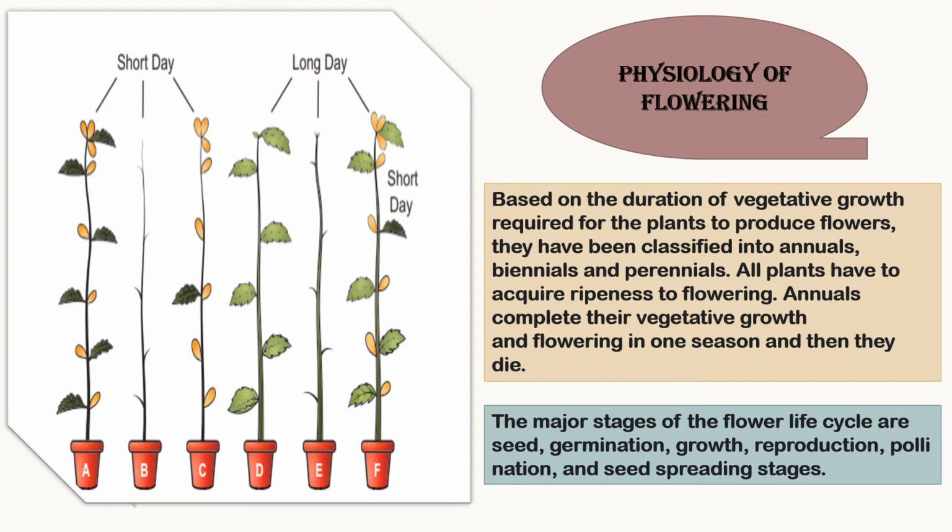Increasing the number of inductive cycles results in early flowering of the plant. With one induction cycle, Xanthium flowers after 64 days, and with 4 to 8 inductive cycles, it flowers even after 13 days.